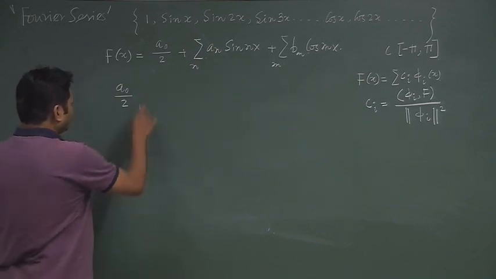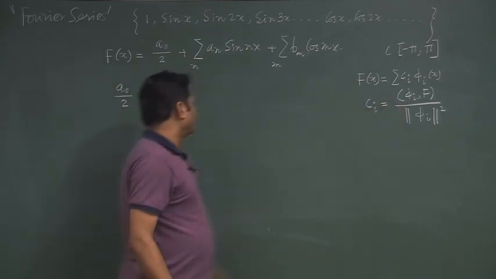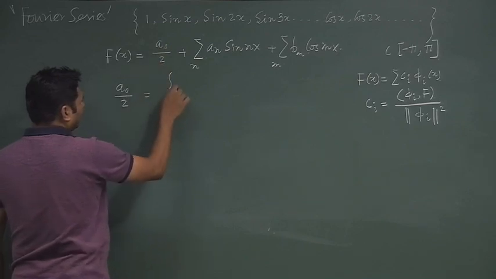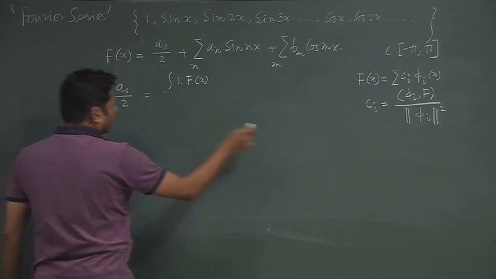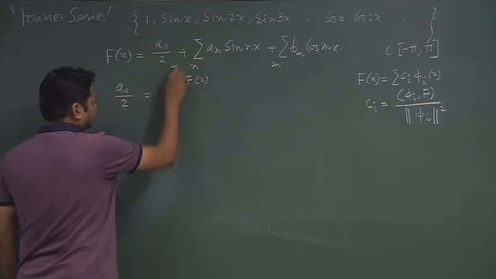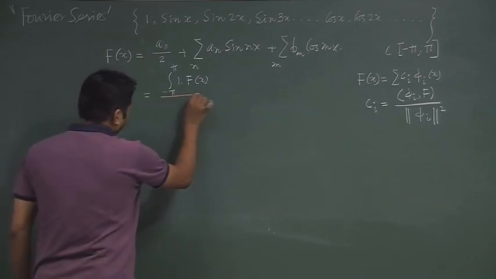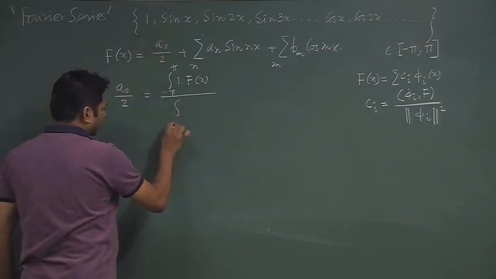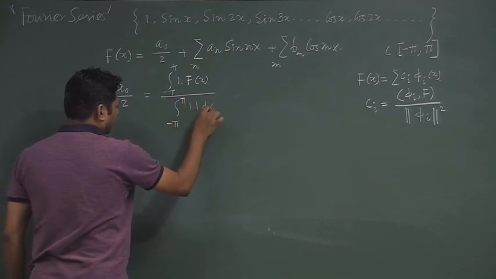So, a0 by 2 will be represented by this divided by this. This means the function associated with this coefficient, 1, multiplied by whatever function is given to me. When I take the inner product, it is minus pi to pi. This is the definition, divided by the norm of this, that means minus pi to pi 1 into 1 dx.